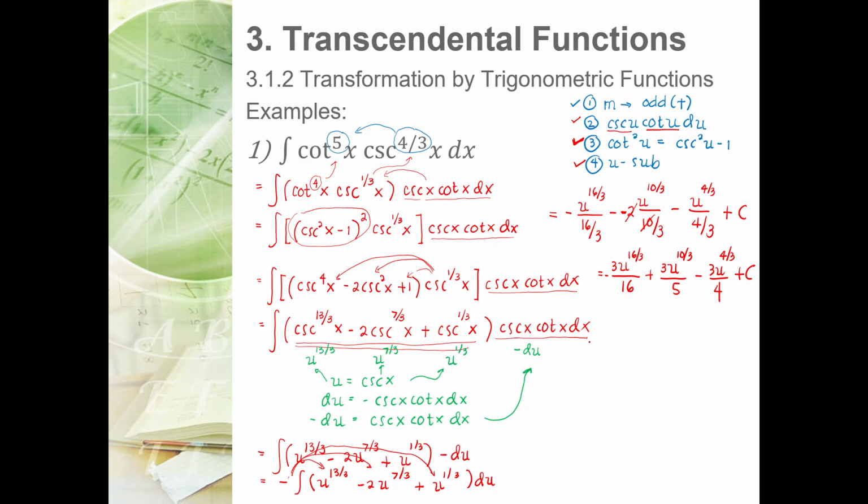Replacing with the value of your u, the final answer is negative 3 cosecant to the power of 16 over 3 of x all over 16, plus 3 cosecant 10 thirds x over 5, minus 3 cosecant 4 thirds of x all over 4 plus c. So this is your final answer.